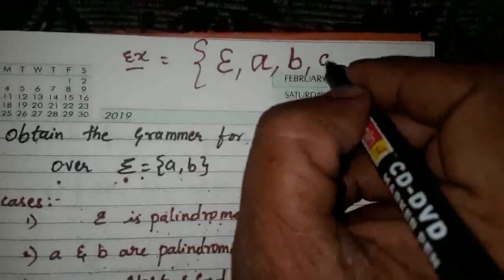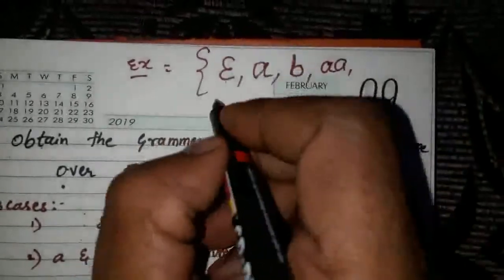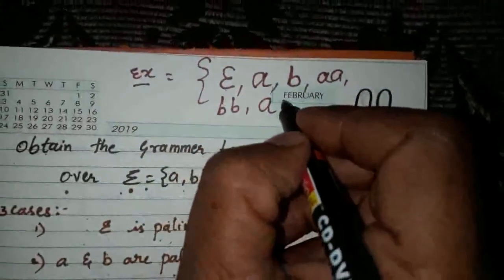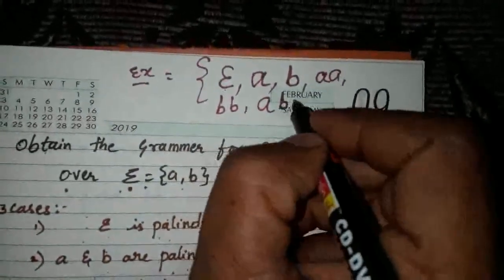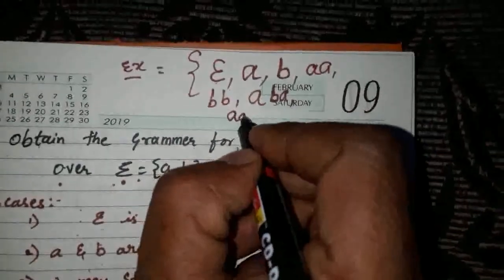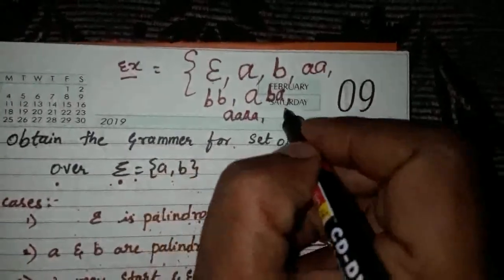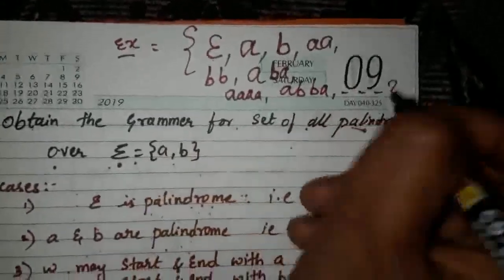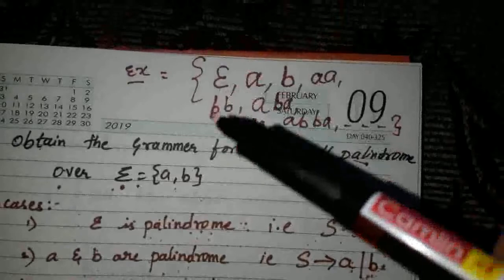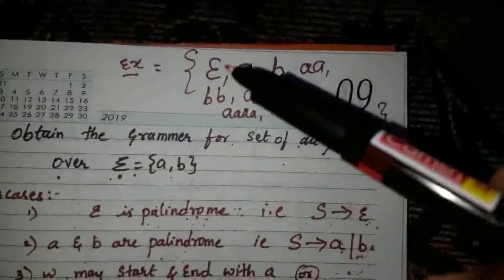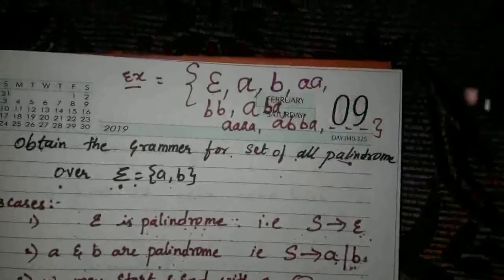If I write aa, palindrome, bb, palindrome, aba is a palindrome, and so on. So now the grammar should accept all these palindromes. Likewise, we have to design.